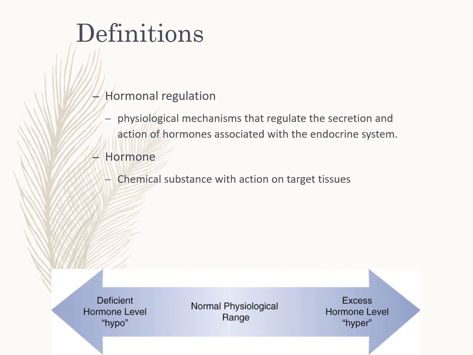Now, given this perspective, what is meant by hormonal regulation? For the purpose of this concept, hormonal regulation is defined as physiological mechanisms that regulate the secretion and action of hormones associated with the endocrine system.